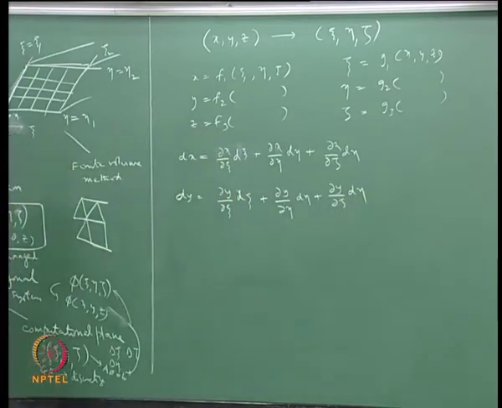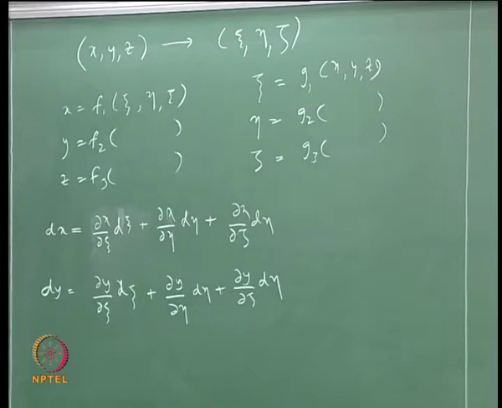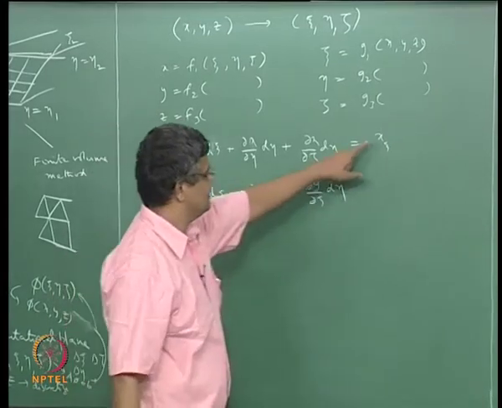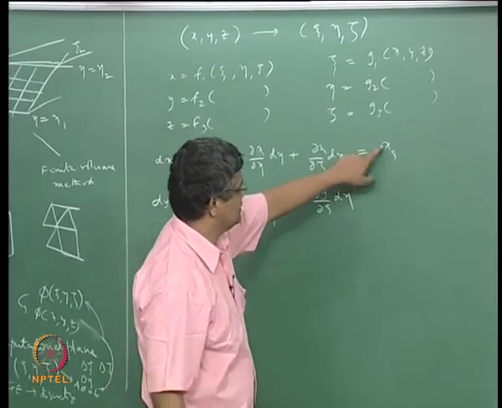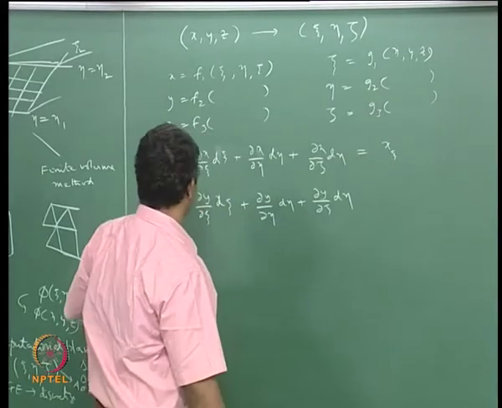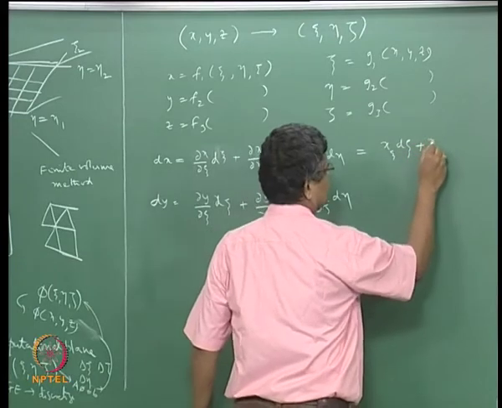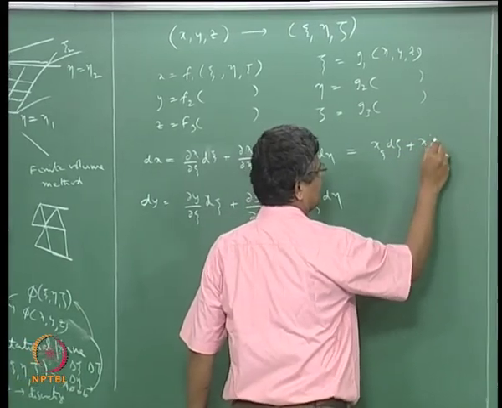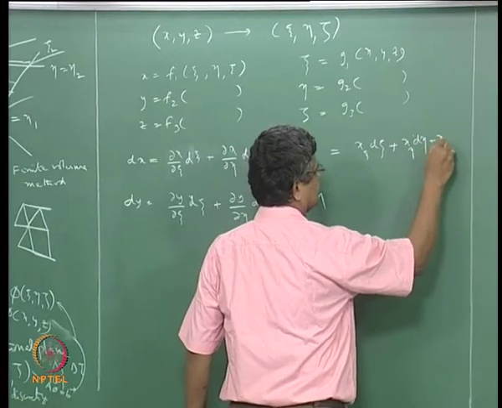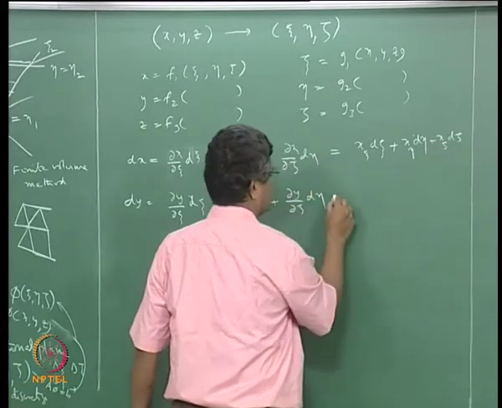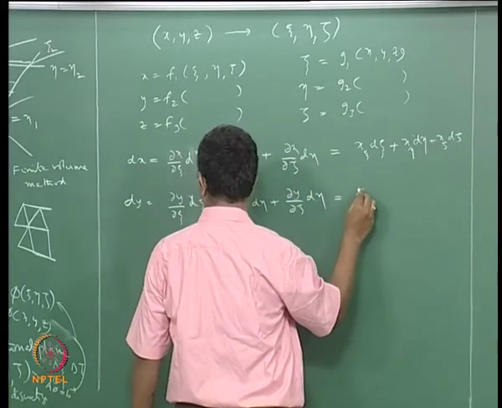We can introduce a small simplification of notation here. This del x by del psi we write as x subscript psi, which indicates a differentiation of x with respect to psi. So we can write this as x psi d psi plus x eta d eta plus x zeta d zeta. It's just a change of notation, otherwise it's nothing.